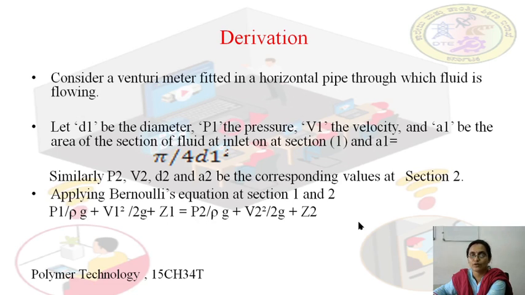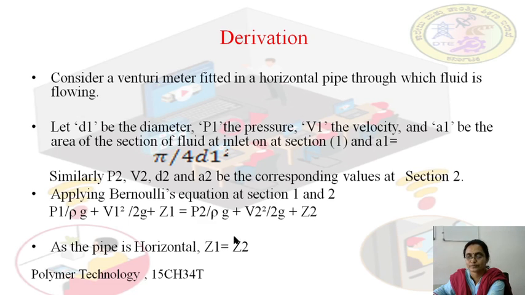So P1 by rho g plus V1 squared by 2g plus Z1 equals P2 by rho g plus V2 squared by 2g plus Z2. Here P1 by rho g is the pressure energy, V1 squared by 2g is the kinetic energy, and Z1 is the potential energy, and similarly for section 2.